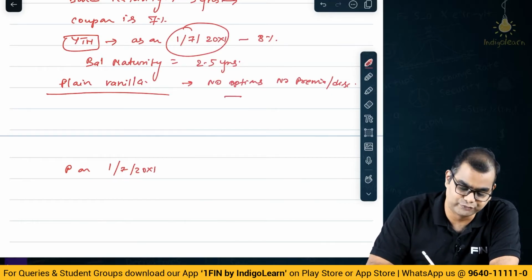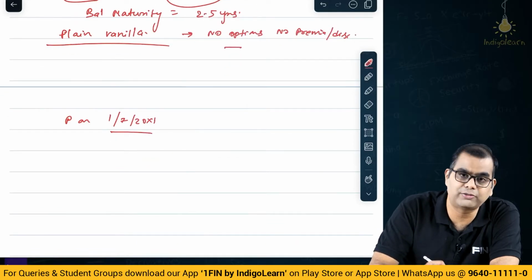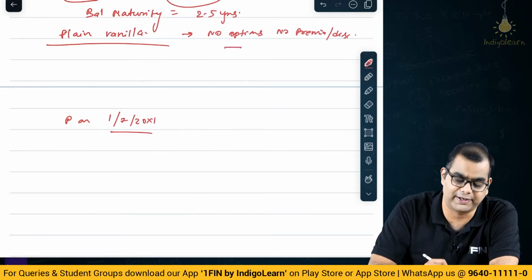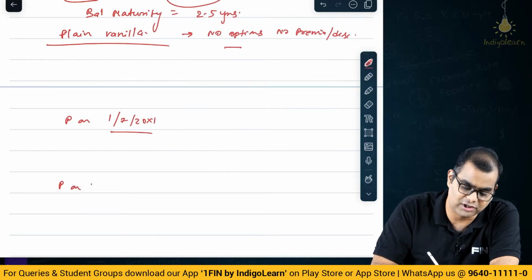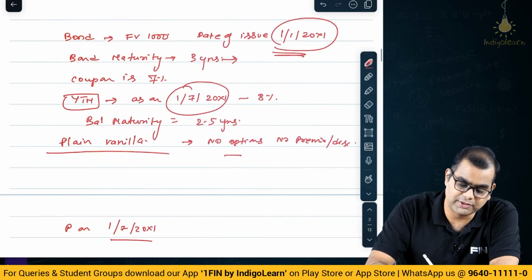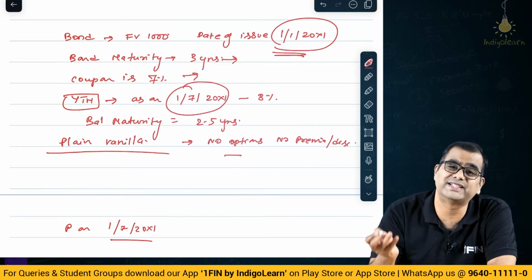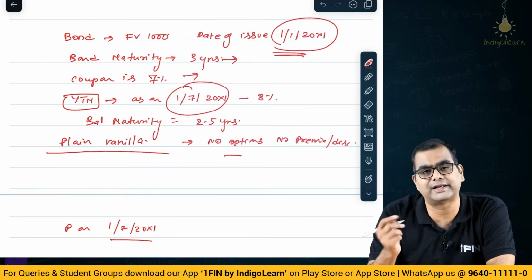You will understand this. We are supposed to find out price on 1st of July. First, let me find out price on 1st of Jan 20x1, on the date of issue. See, coupon is how much? 7%. On that day, I have decided the coupon is 7 because market rate is 7.